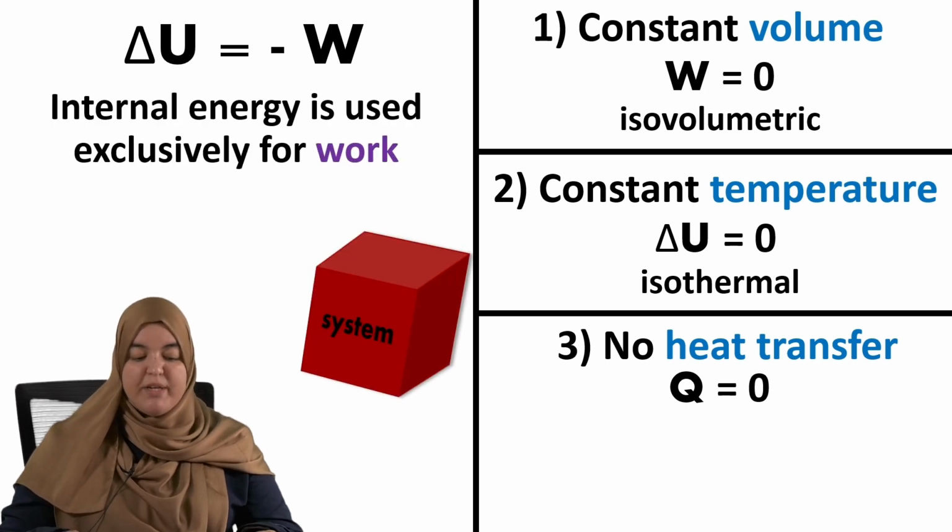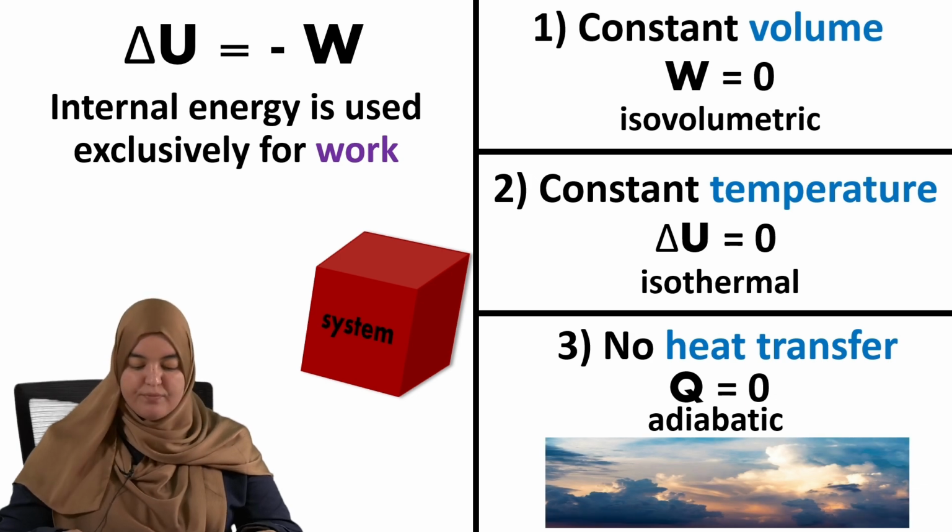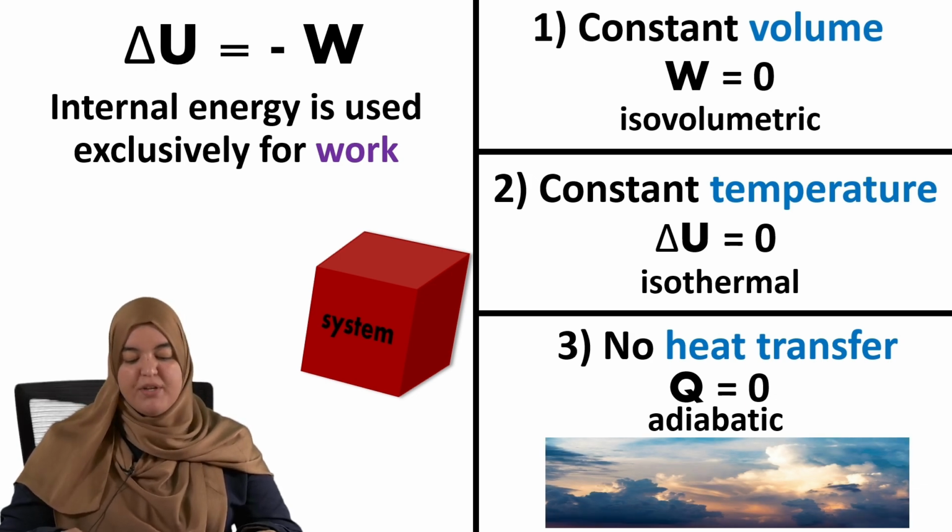Such a process is called an adiabatic process, meaning no heat transfer. We can see this process in Earth's atmosphere, as masses of air change position due to pressure differences.